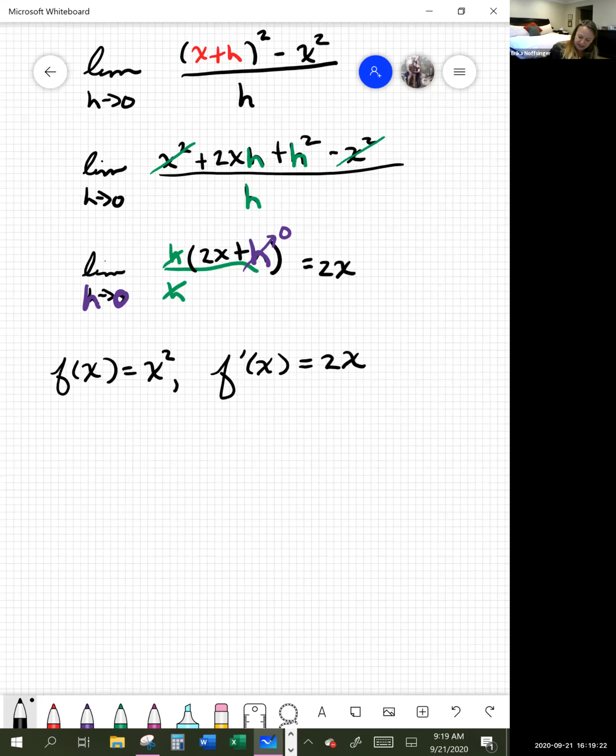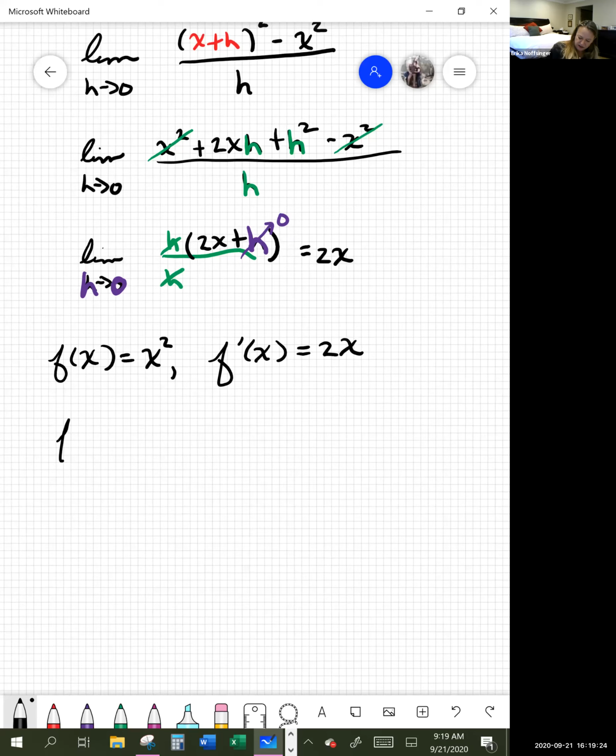Let's say that you did all your work on x cubed. If you did that, you would find that this was equal to 3x squared.